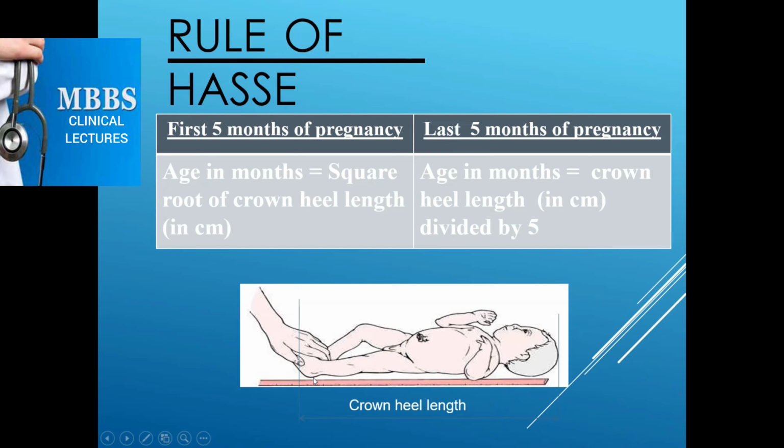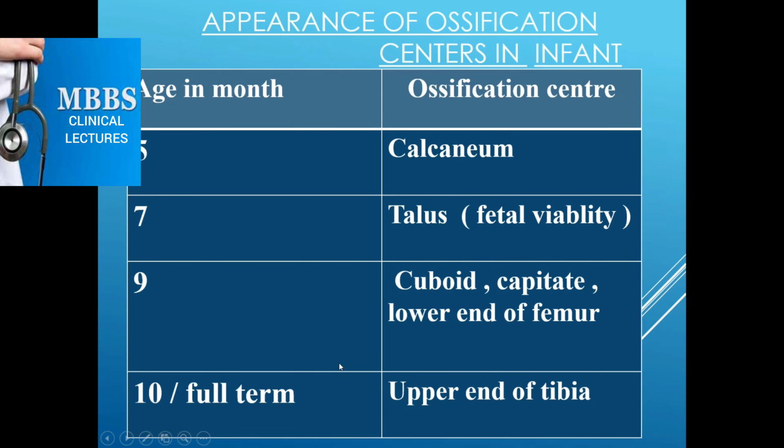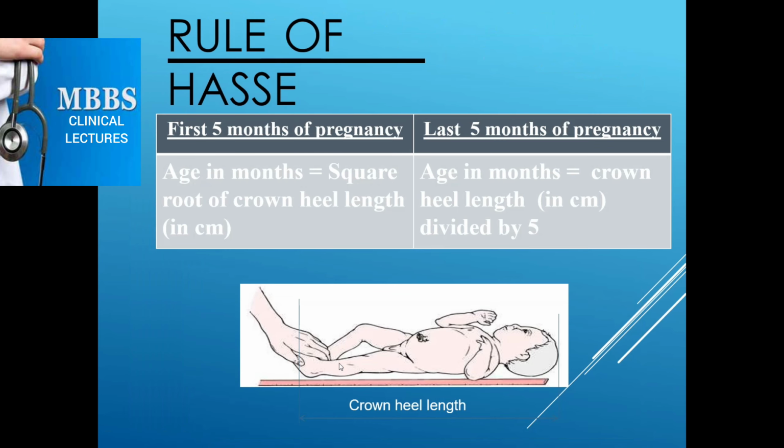We measure this length, and then we take the square root of it. The resulting number is equal to the age in months. Like if the crown heel length of the baby is 9 centimeters, the square root is 3, so the age would be 3 months. This we take in the first 5 months of pregnancy.